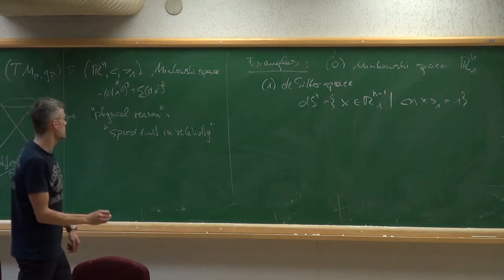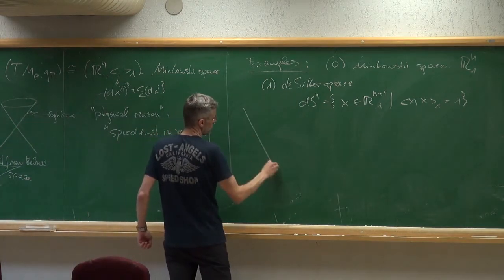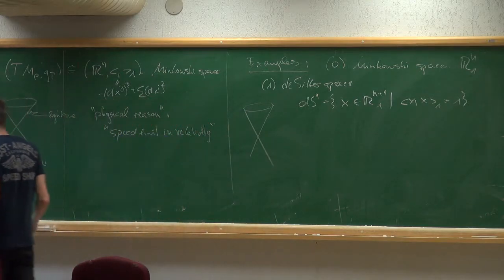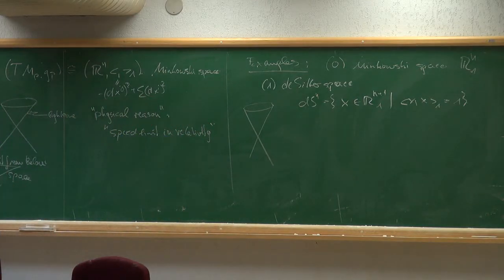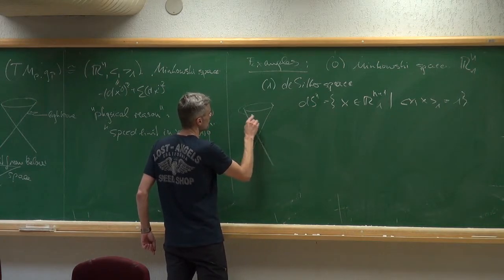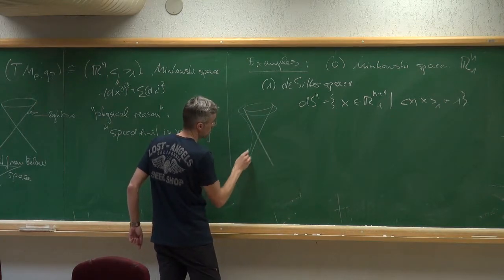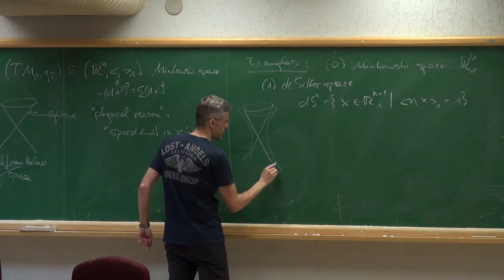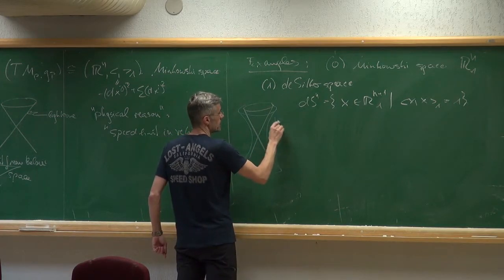The picture here is you have this double cone, and around that thing you have such a body. This is exactly de Sitter space.